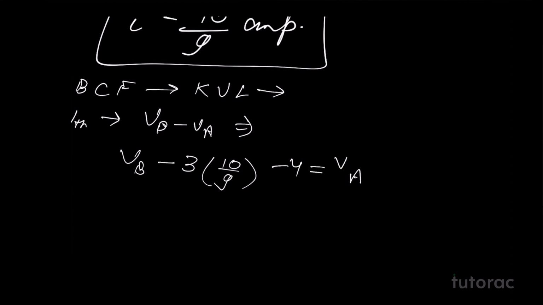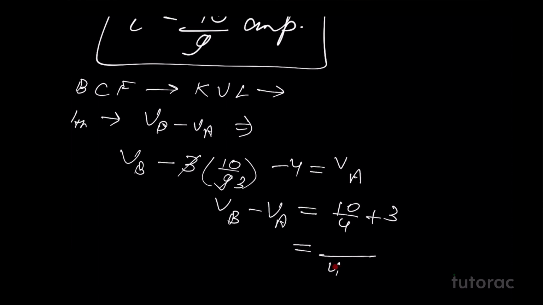We'll get VB minus VA equals 3 into 10 by 9, that is 10 by 3, plus 4. So we'll get 22 by 3 for VB minus VA.